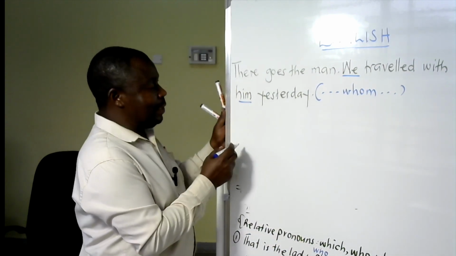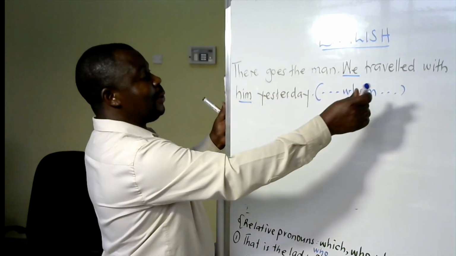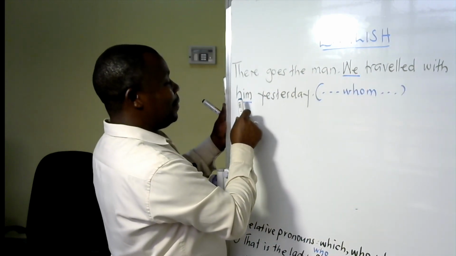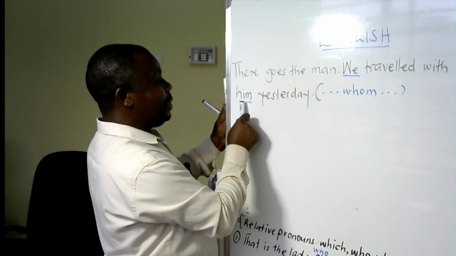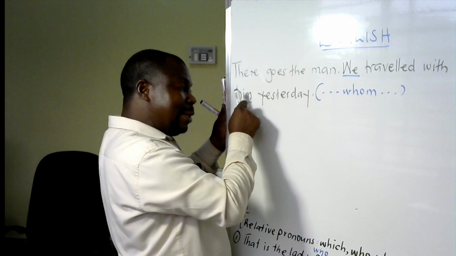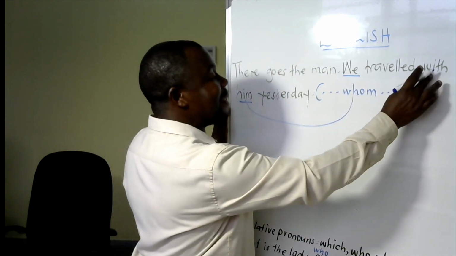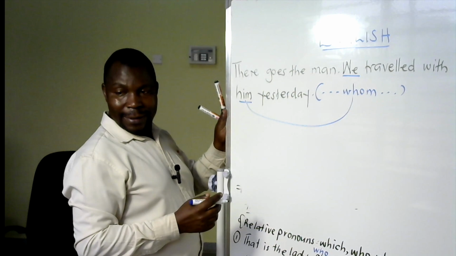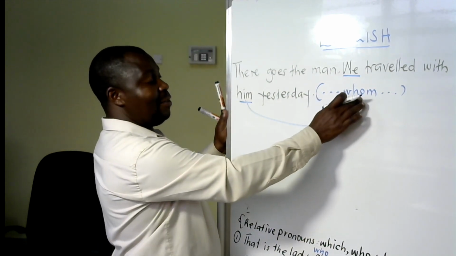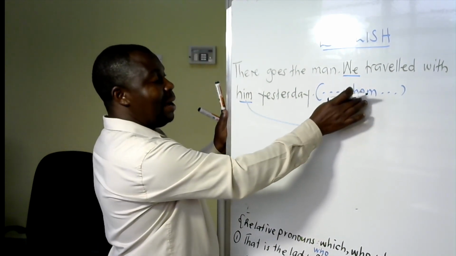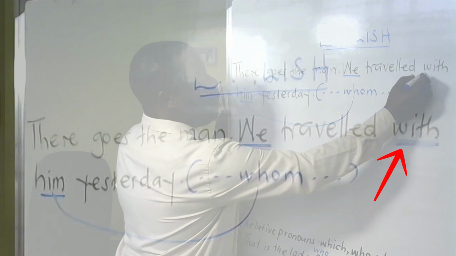Here we are going to substitute this. But as you substitute this, remember, the preposition must accompany it. However much this is a relative pronoun, it must be accompanied with this preposition. When you leave out this preposition, your answer will be wrong.